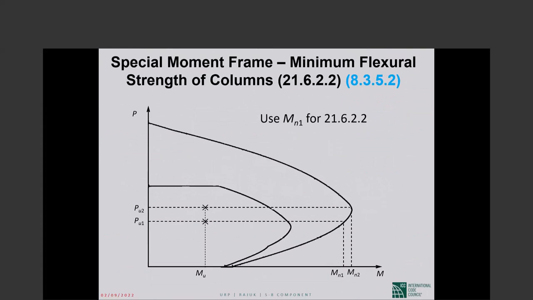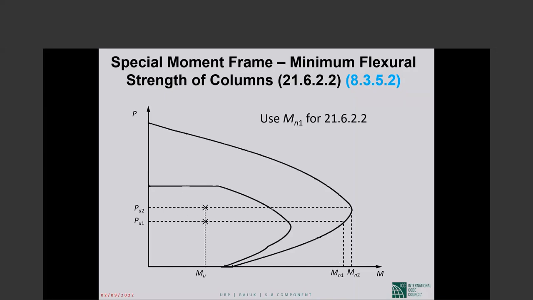That would be conservative. Are you with me? Mm-hmm. So strong column, weak beam. We want the columns to be stronger than the beams. So when we calculate column flexural strength, we would rather underestimate it. And when we calculate beam flexural strength, we would rather overestimate it.